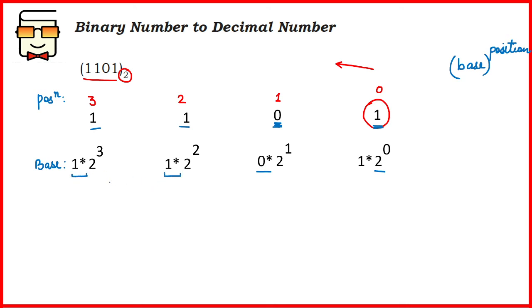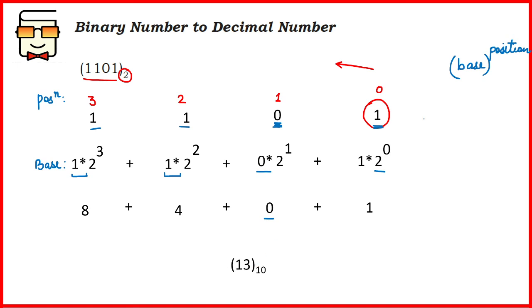And the last step is adding all these values. When you simplify, 2 raised to power 3 will be 8, 2 raised to power 2 will be 4, 2 raised to power 1 would be 2, but multiplied by 0 it will give you 0, and 2 raised to power 0 is 1, multiplied by 1 will give you 1. Now you add all these values and you will get the final answer.